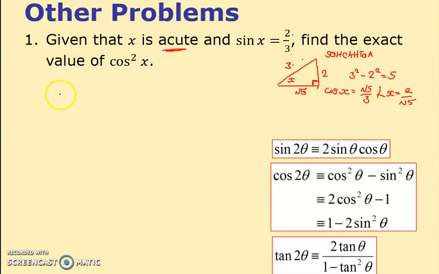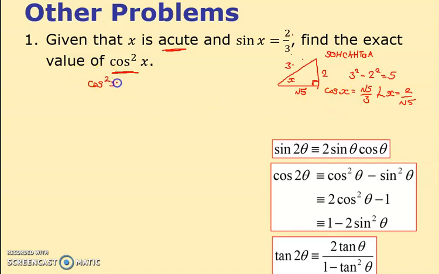Now what do I need? I want to find cos squared x, an exact number for cos squared x. Now, interestingly, I can get cos squared by using the fact that I know these things are equivalent. Or actually, I'm just about to do that, I don't think I need to. I can just do this. That was easy, actually, easier than I expected it to be.